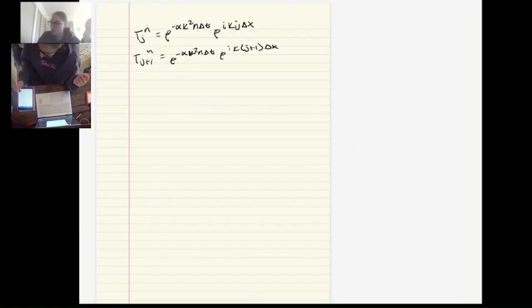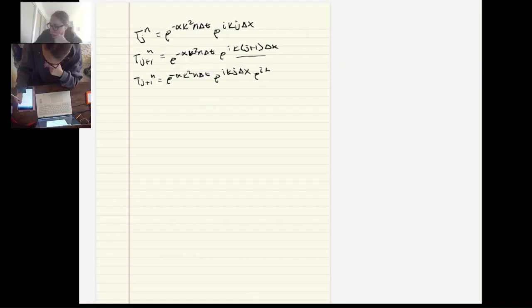Okay, so we can distribute this out. This is going to give us T_j^{n+1} is equal to e^{-alpha k^2 n delta t} e^{i k j delta x}, and then we're going to have e^{i k delta x}.